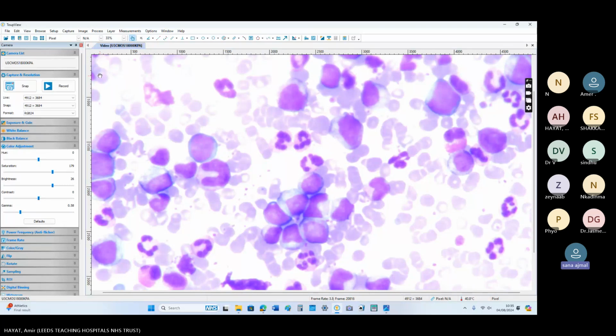They don't require the 20% criteria. If MDS converts to acute myeloid leukemia, then it requires more than 20% blasts. CMML will also require more than 20% blasts.